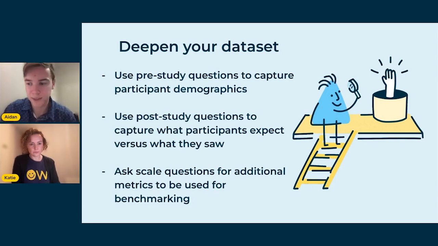That way you could compare their confidence level on a scale of 1 to 10 with your first benchmark study, and then also compare their confidence level for your latest iterations as you go down the line. That way you've got these direct feedback points from your customers, as well as the Treejack metrics that we've been showing you. You can also ask other question types such as NPS scores in these surveys as well. So that's another way to go.